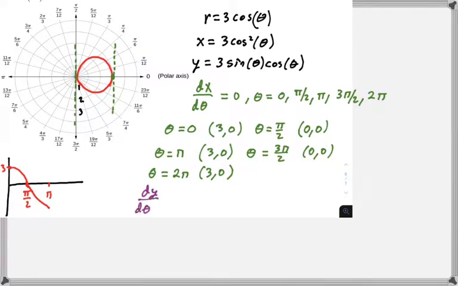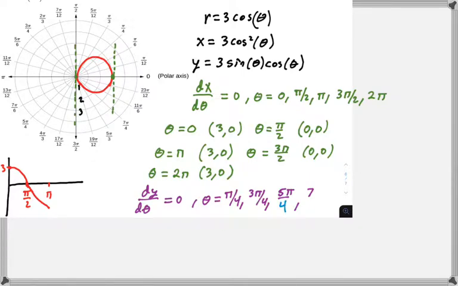dy d theta was equal to 0 when theta was equal to pi over 4, 3 pi over 4, 5 pi over 4, and 7 pi over 4. I had 7 on the brain, it looks like.